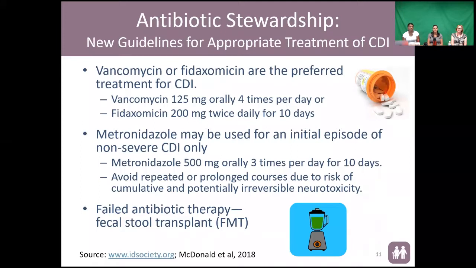What do we do now? And the recommendation is to move to a fecal stool transplant, or an FMT. Those are recommended after 2 failed cases of antibiotic treatment. And you can work with area hospitals or outpatient clinics to send your patients out for those if you're not able to do it within your own facility.